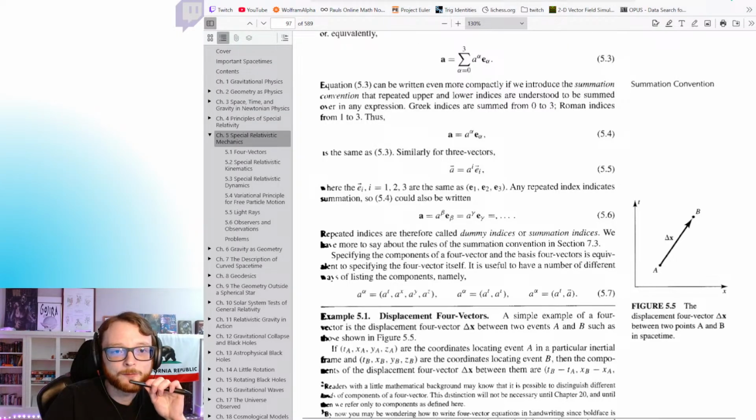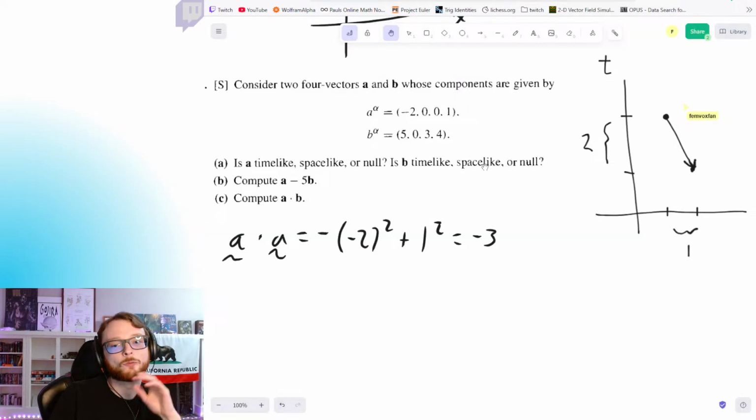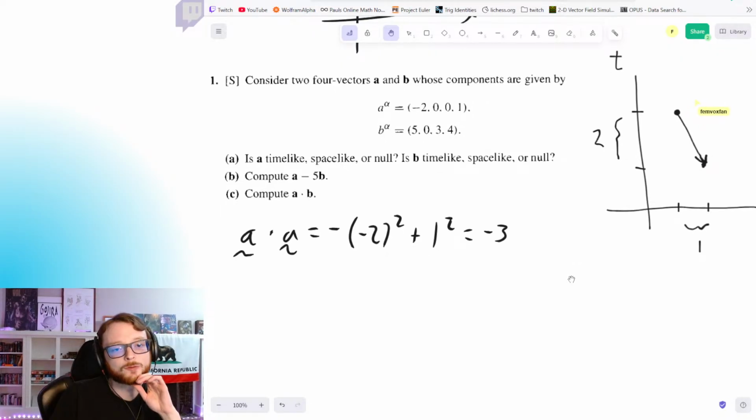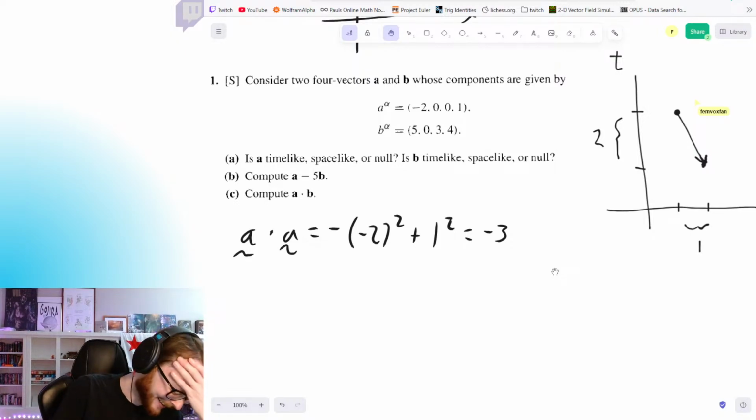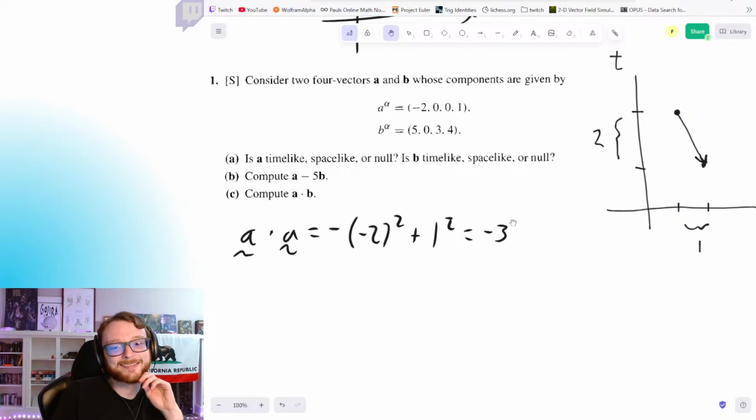Yeah, it's moving farther in time than it moves in space in the same interval. If it's a -2, does that mean it went backwards in time? I don't know. Well, it doesn't matter. It's time-like though, right? It points from one event to another event, I think.